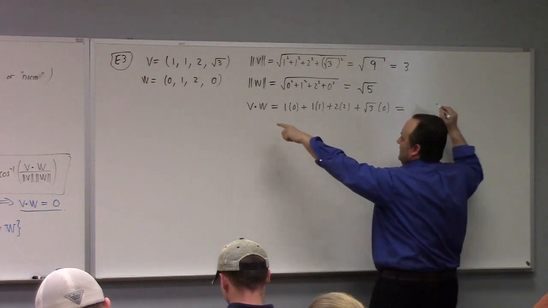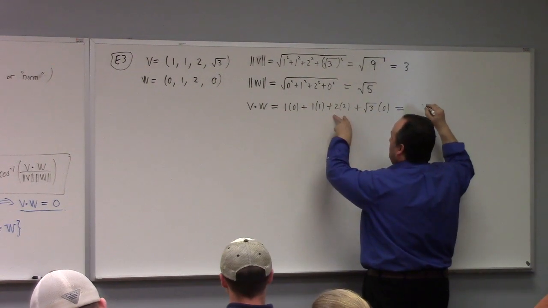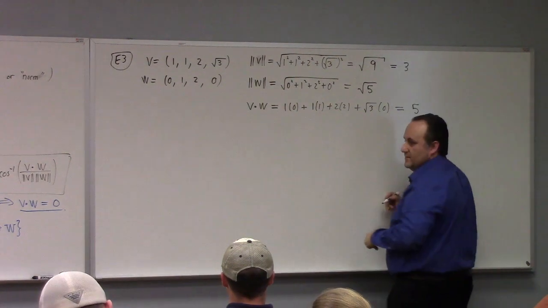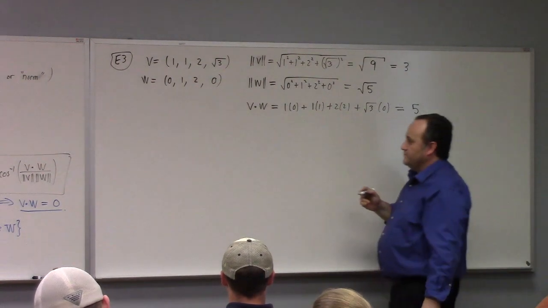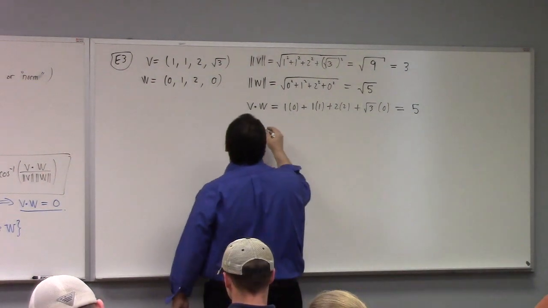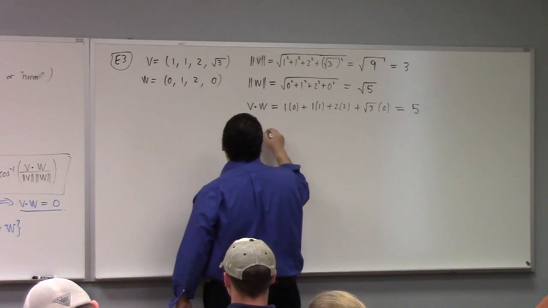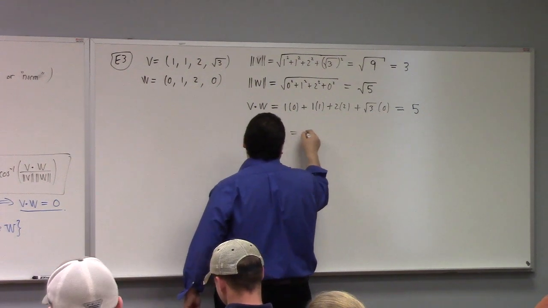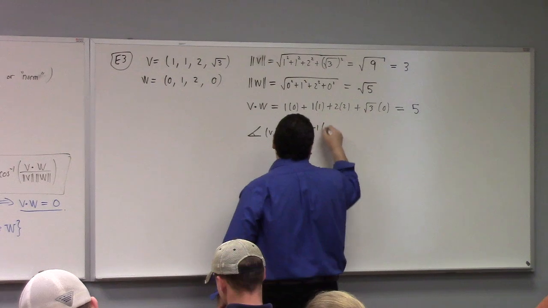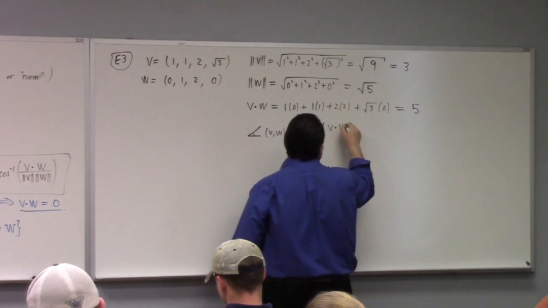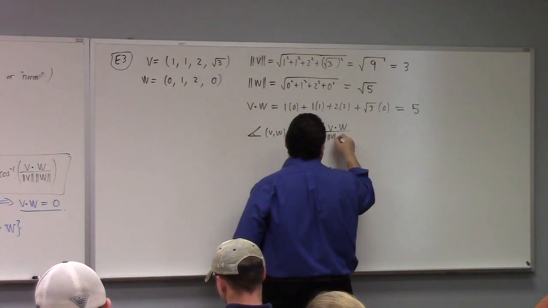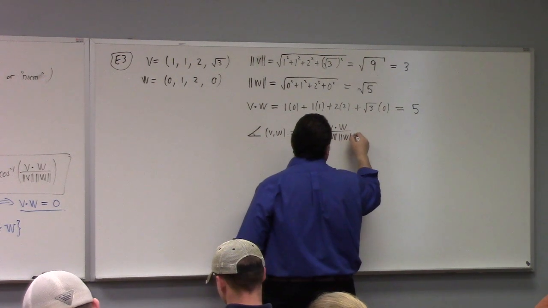So the dot product of V and W is apparently 5, right? Great. So then the angle between V and W is, by definition, the inverse cosine of V dot W over the magnitude of V, the magnitude of W. Do you see why they have to be non-zero, by the way?